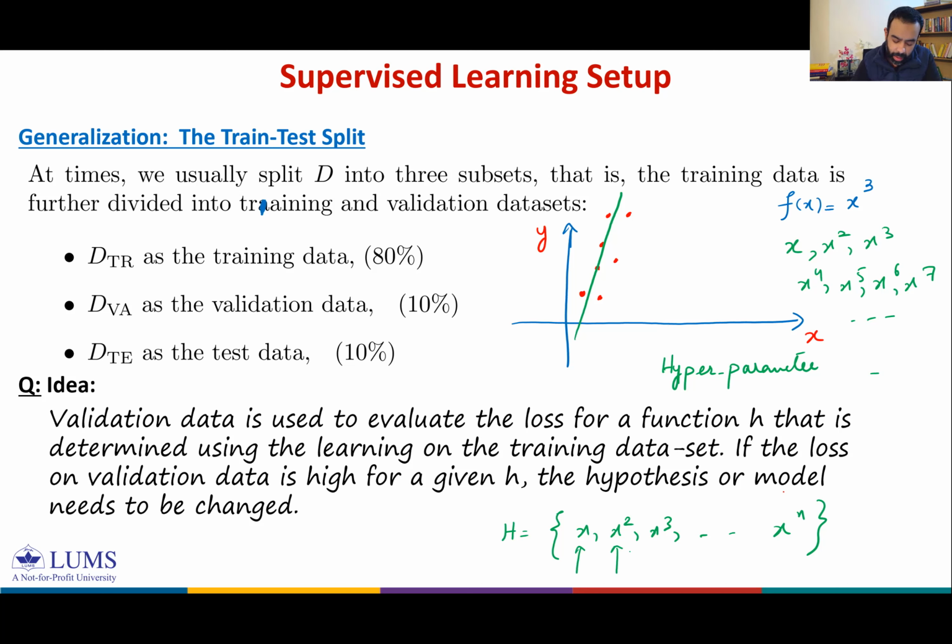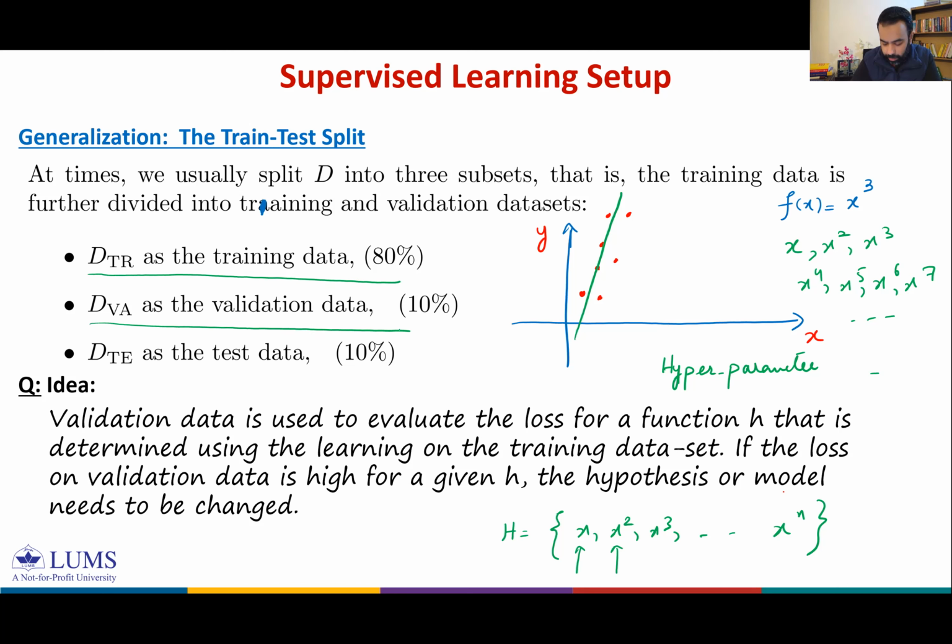We start with X, we train on training data, and we test on validation data. अगर loss कम आ रहा है, तो we can use X. Again, we start with X squared. अगर X squared अपने use किया और उससे validation loss जो है, validation data के ऊपर loss है, वो X squared से कम आ रहा है, you prefer X squared, right? And similarly, if you start with X cube, उस पे loss सबसे कम आएगा validation data के ऊपर. You shortlist X cube. When you select X4, the loss would start to grow.